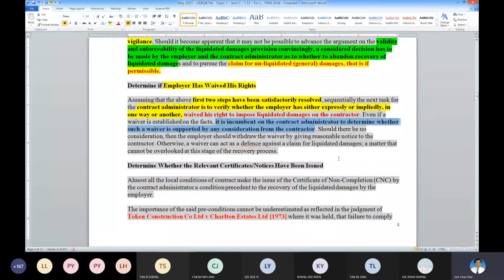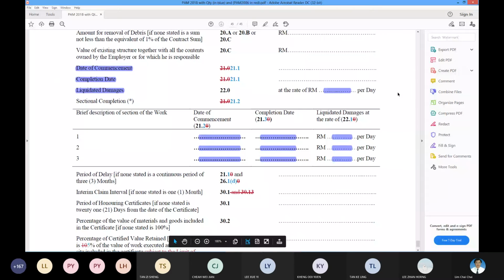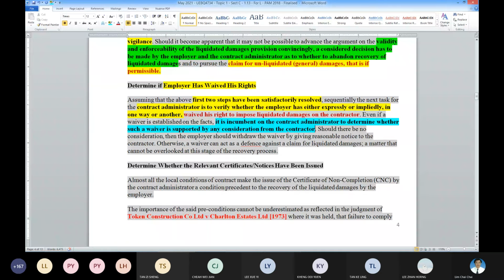So possibly there may be some appeal by the contractor to ask the employer to waive, or sometimes the contractor may raise that contractually your rights cannot be imposed because there's something defective in your document. For example, the document is defective without the amount and so on. So the employer should withdraw the waiver by notice.